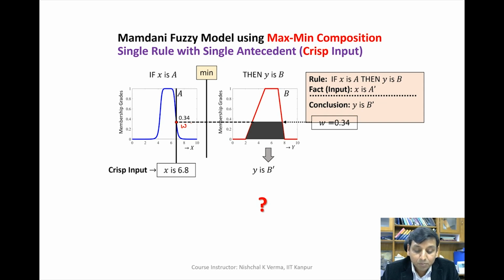This remains the same, 0.34, because we have a single W. So we proceed further and use this value to truncate the output fuzzy set B.